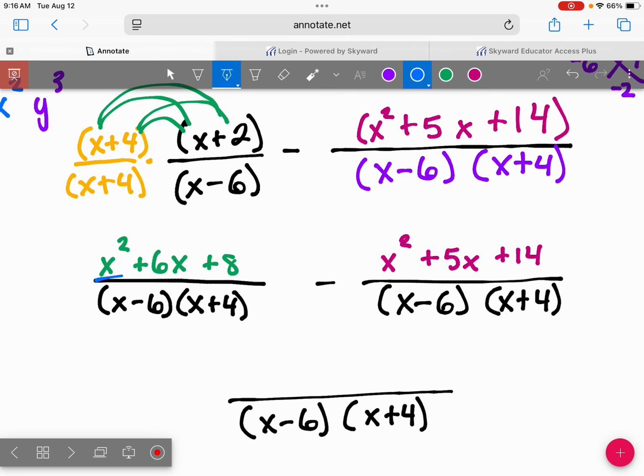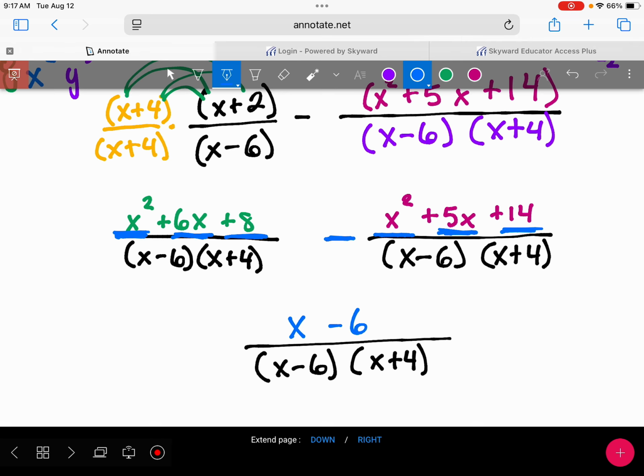Is that we take our x squared minus x squared. What's going to happen with our x squareds? Cancel out. We have no more x squareds. We have 6x minus 5x. Just 1x. We have 8 minus 14. Minus 6. I was going to say, then we look at our answer and see if we can simplify.